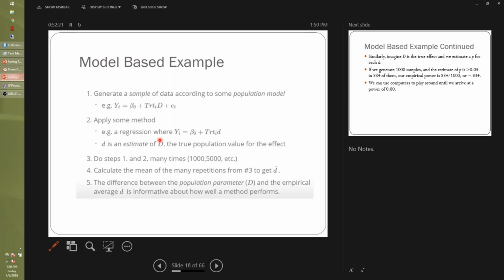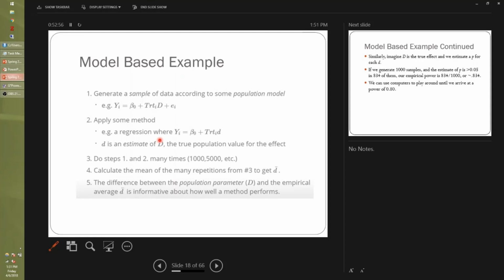So if we do steps 1 and 2 many times, so we get 100 people, 50 of whom weren't treated, 50 of whom were, we get the treatment effect, and we do that 1,000 times, and then calculate the mean of those 1,000 treatment effects, we have the difference between that empirical d and the population D that we started from. The average of these treatment effects is going to give us information about how well the method performs, which includes power.